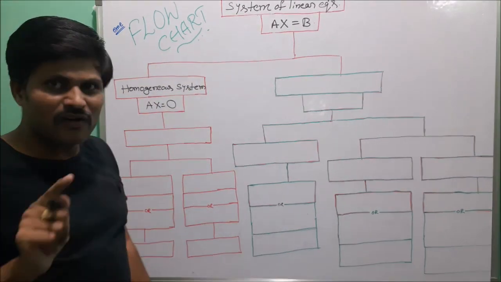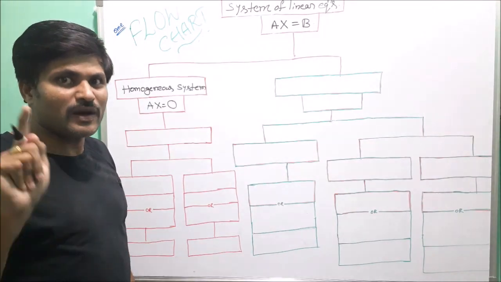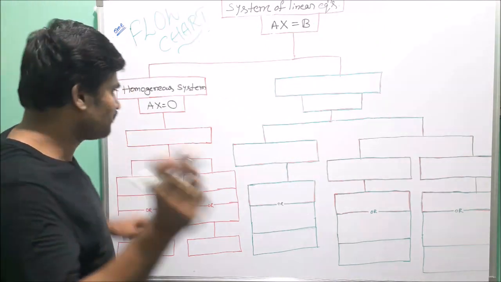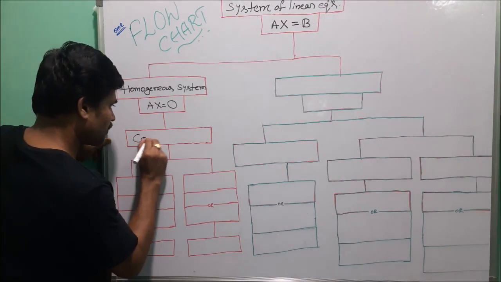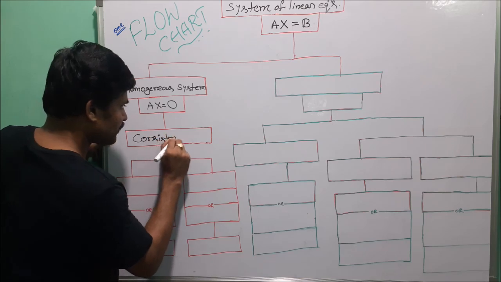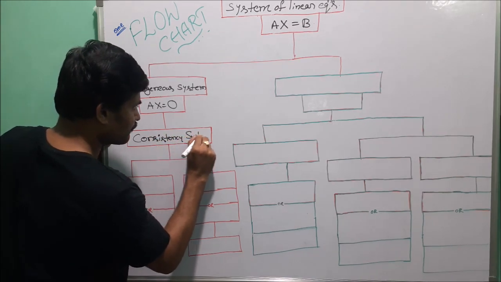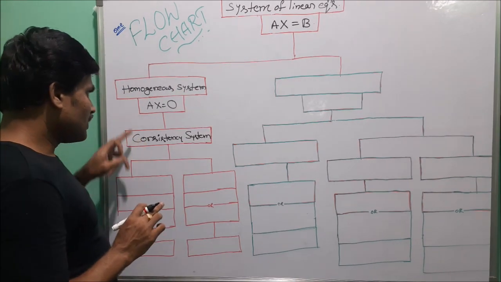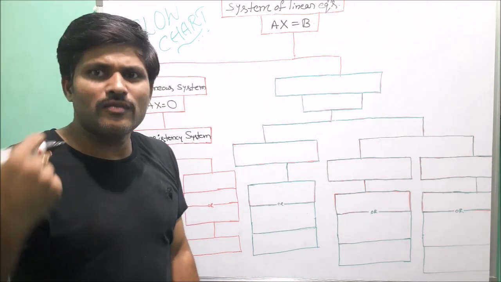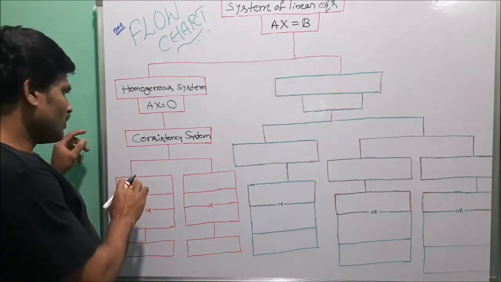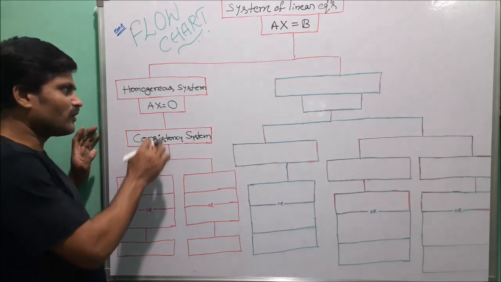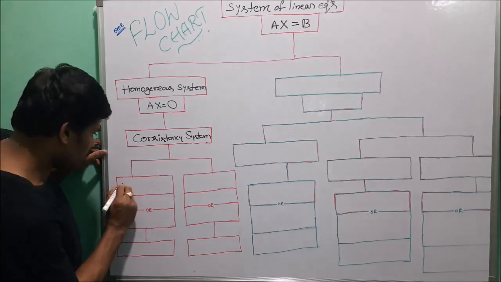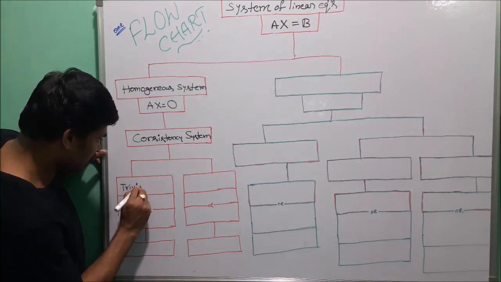Therefore, a homogeneous system is always a consistent system. In this consistent system, it has one solution or more than one solution. So only one solution, that solution is the zero solution, which is called the trivial solution. So the zero solution is always the trivial solution.